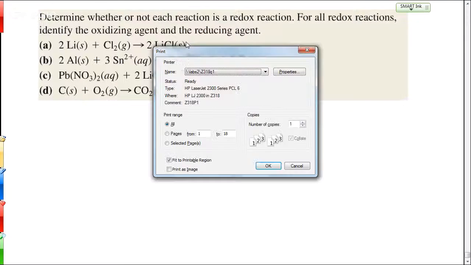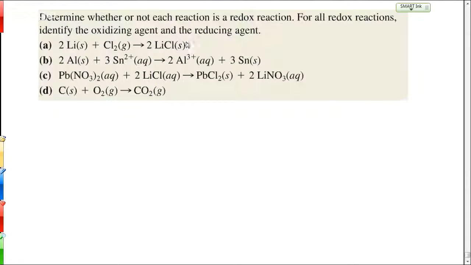To do this, we do need to get the individual charges. So lithium in this case goes from Li0, because it's just by itself as an element, to what in the product? Yeah, Li plus. And chlorine goes from Cl0 to Cl minus. So which one is loss of electrons?